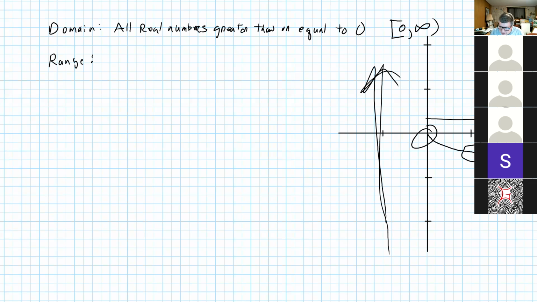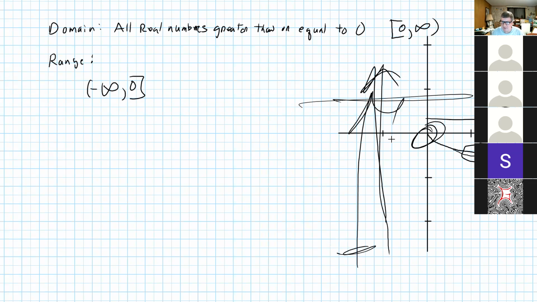So how far down does it go? To negative infinity. Right. So your range would be from negative infinity up to 0. See what I'm saying? So I understand why you said it starts at 0, but technically it actually ends at 0, because range, we're not talking left to right. We're talking from the lowest to the highest. That makes sense. Yay.